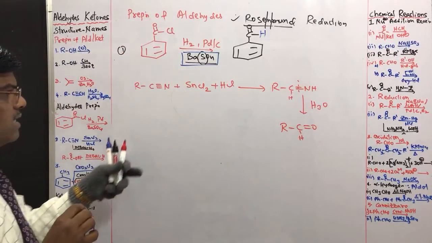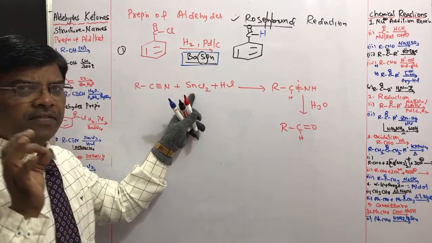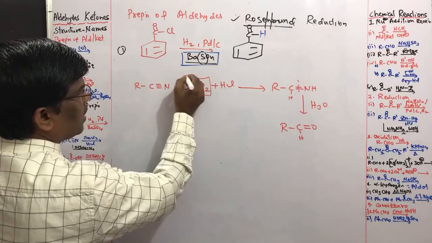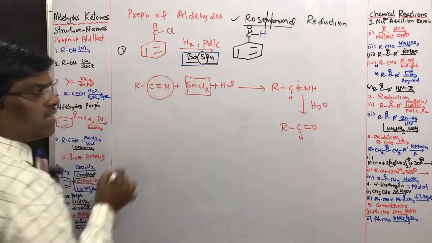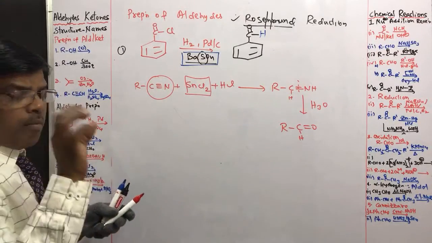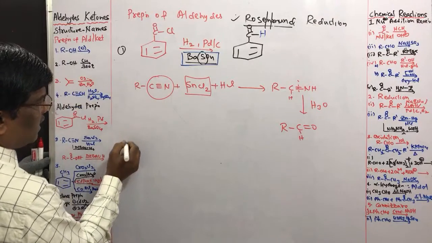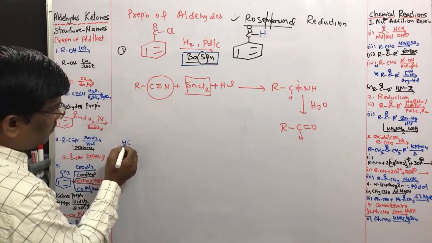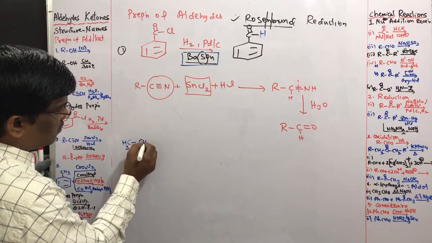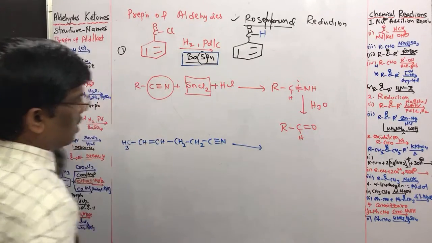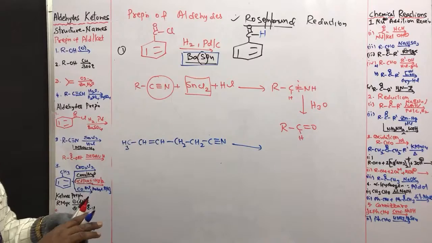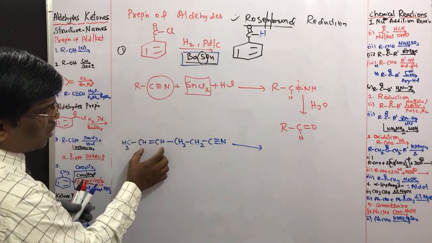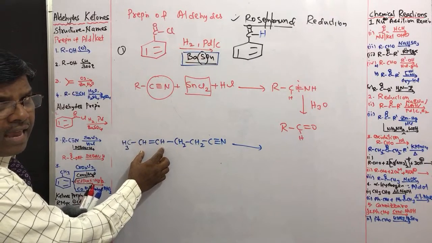Yes, so it is a very specific reagent where stannous chloride is going to reduce only nitriles. In this case, double bonds are intact. Let us take a double bond containing compound. This double bond, if I do using hydrogen and palladium, is going to be reduced to alkane.